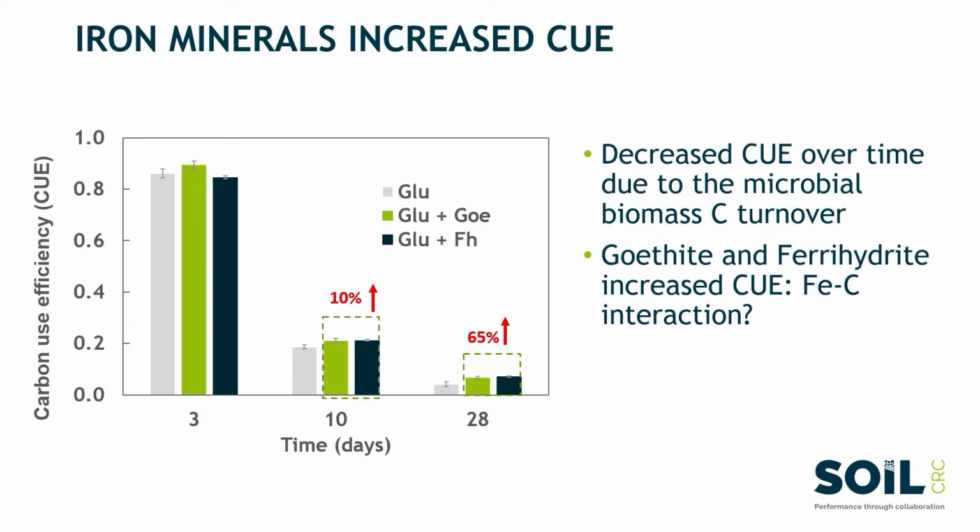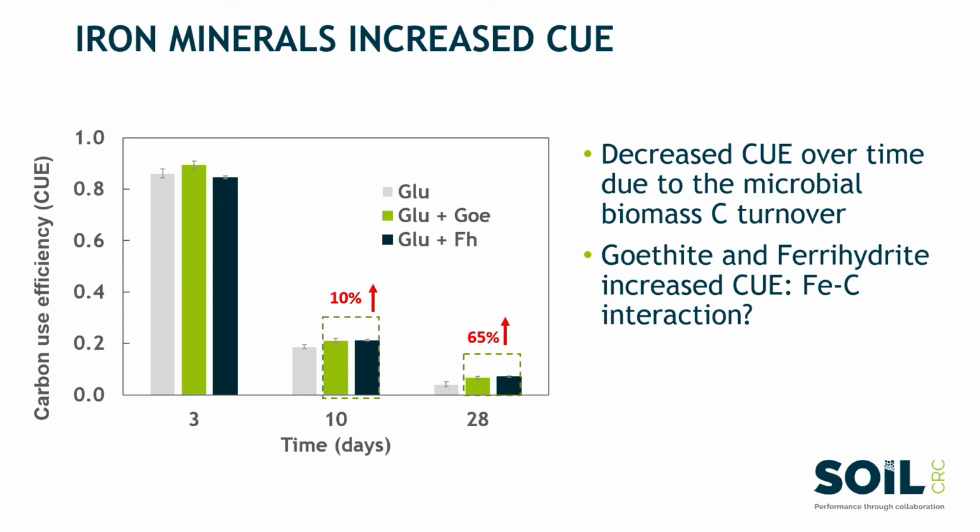What has been happening in the past couple of years, this is the result from the work that one of my colleagues, Yuning Fang, has done. We found that in some of Australian soils, in most of Australian soils in dryland agriculture, when we introduce a mineral into the soil, and in this case, we are focusing on iron mineral, specifically short-range order mineral, with goethite being an example, we improve the carbon use efficiency of the system.